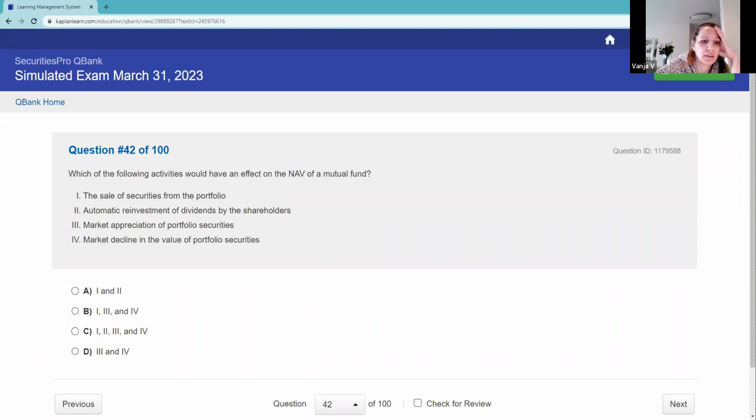So the A is out. Market appreciation of portfolio securities is there.